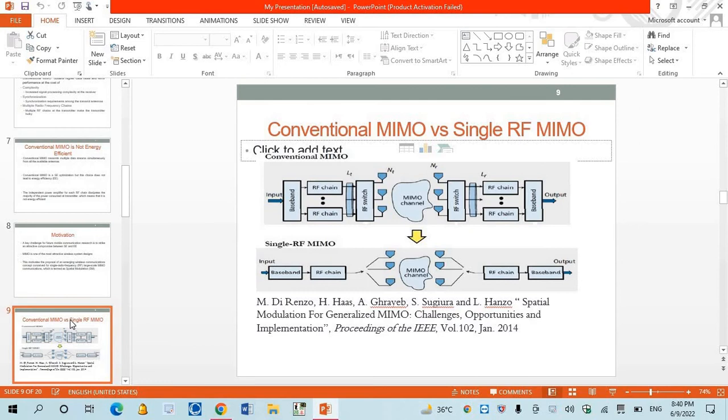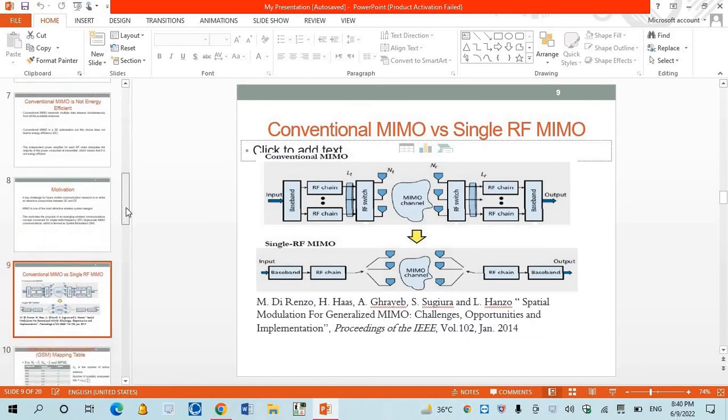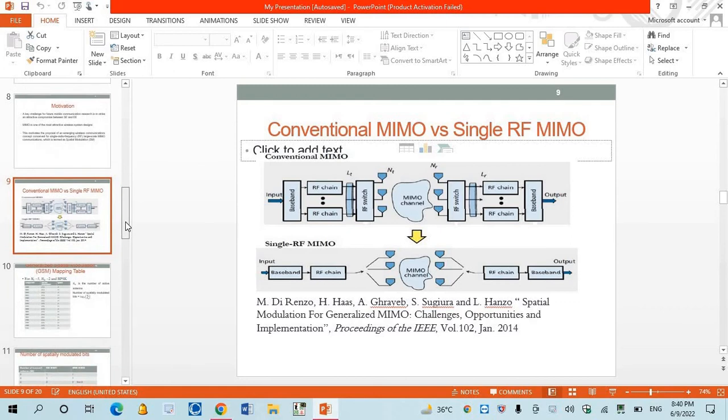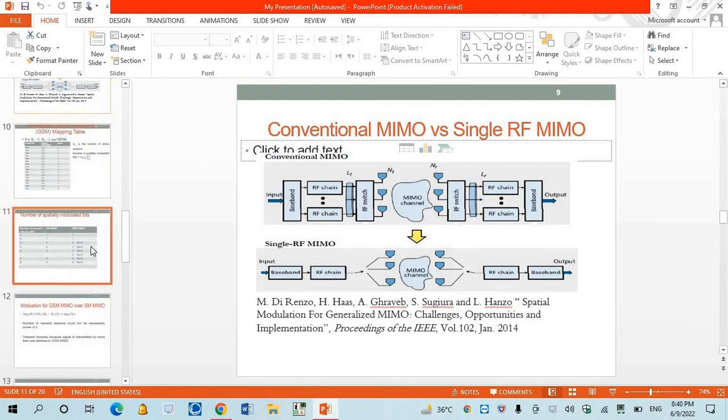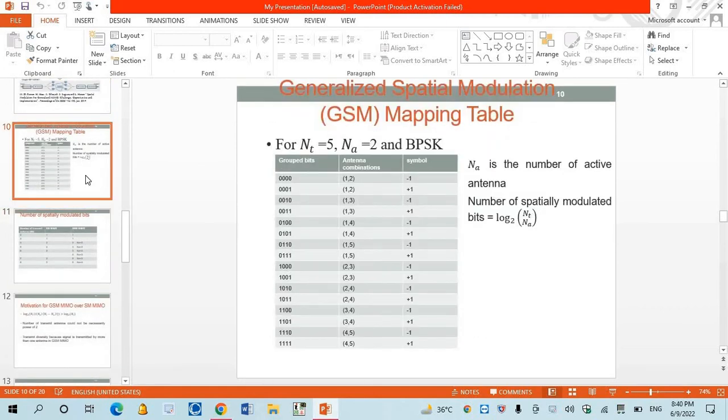If we look at this diagram, the conventional MIMO has multiple radio frequency chains at the transmitter side, while in the single RF MIMO or spatial modulation MIMO, SM MIMO, we have a single radio frequency chain at the transmitter side.